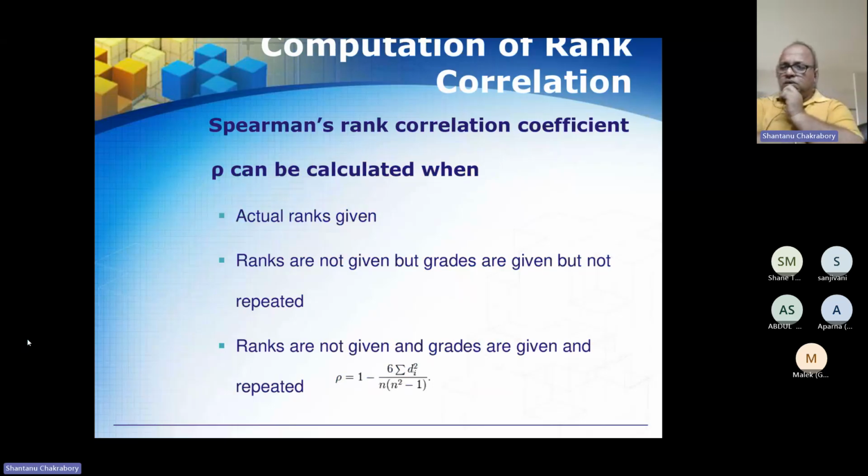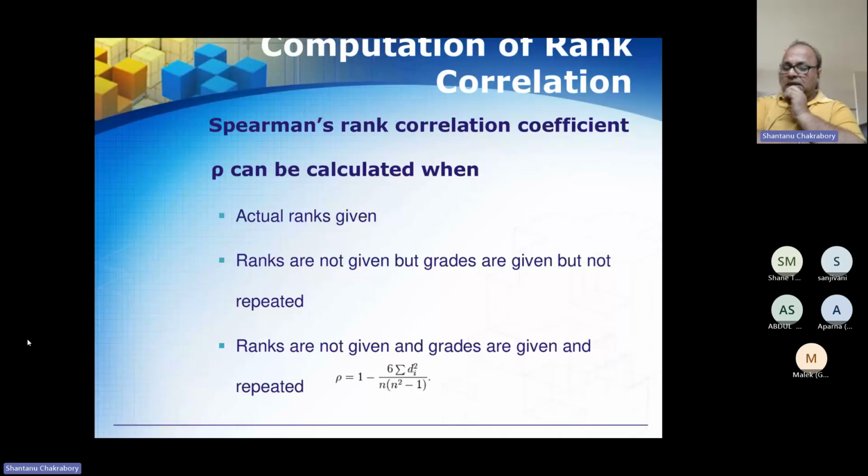So how do we compute the rank correlation? Rank correlation has a formula. The ranks are not given, but the grades are given, and we rank those grades on a scale of 1 to 10 or 1 to 5, whatever scaling method you use.